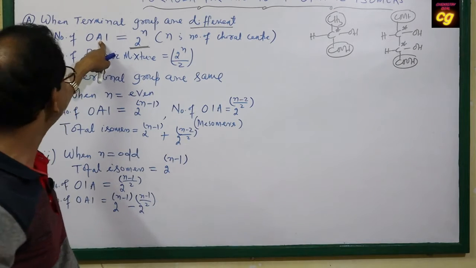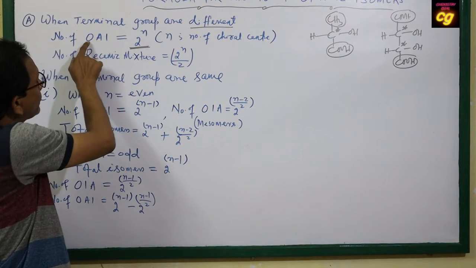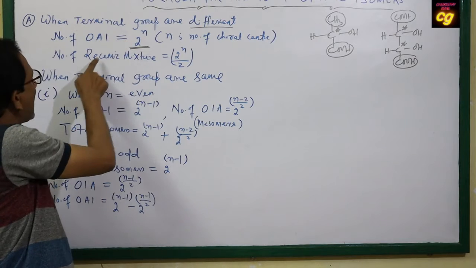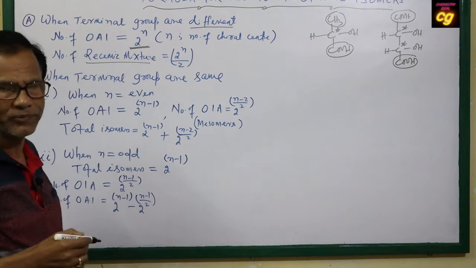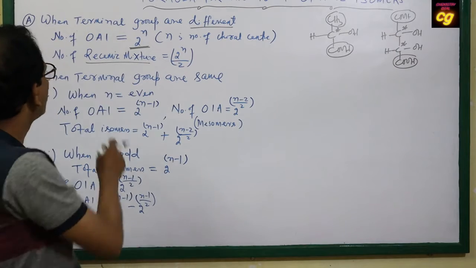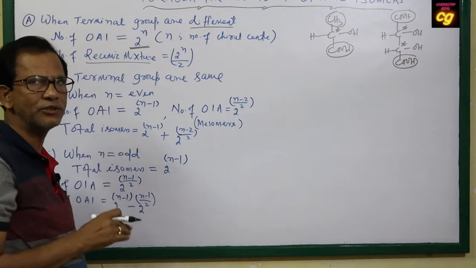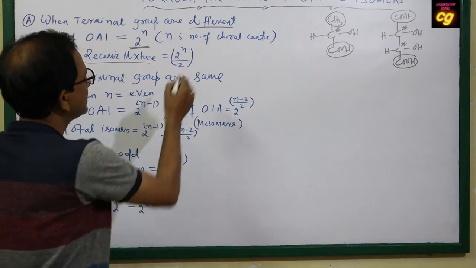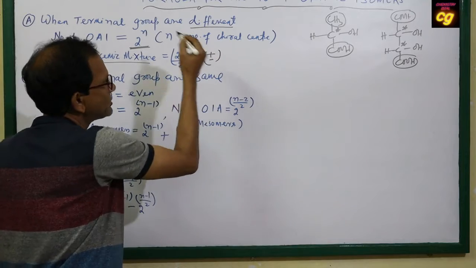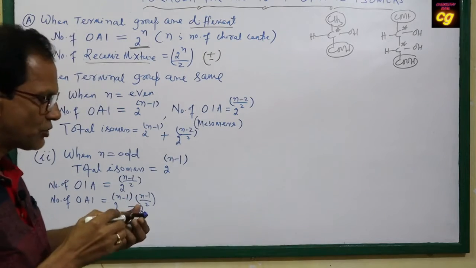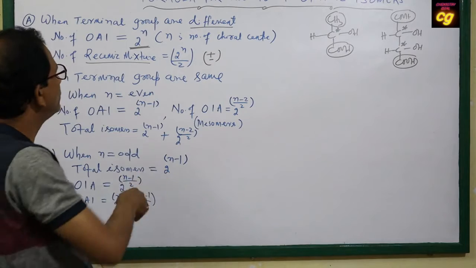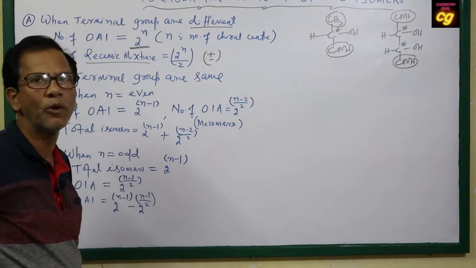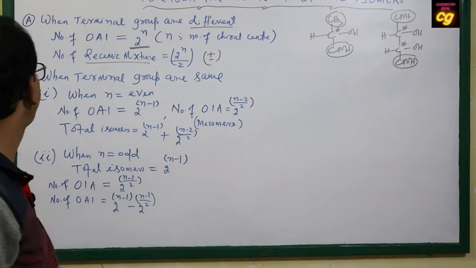You have to remember this formula. Racemic mixture is optically inactive, that is plus and minus. This mixture is called a racemic mixture, and the number of racemic mixtures produced will be half of the total number of optically active isomers obtained.